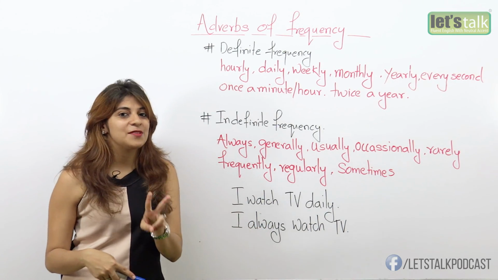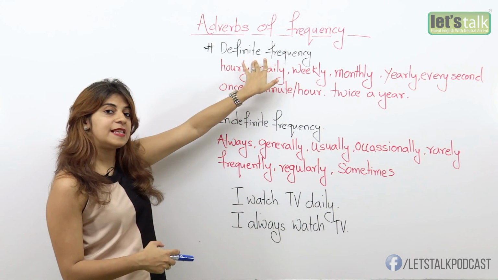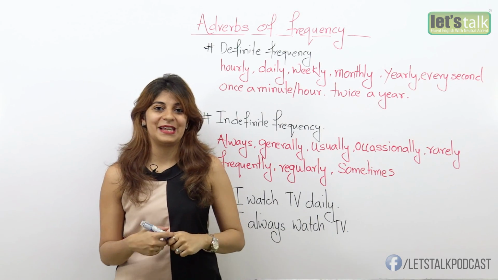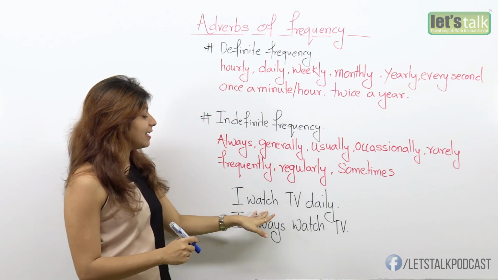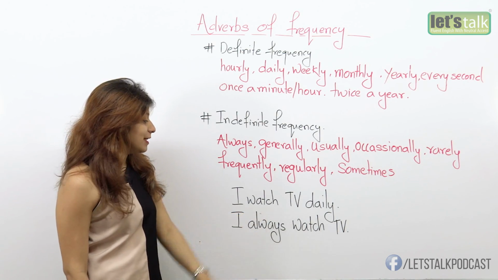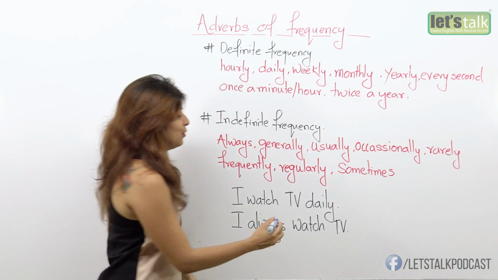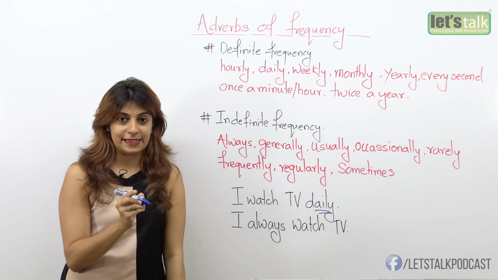The two types of adverbs of frequency are definite frequency and indefinite frequency. Now, what's the difference? If you look at the example here, I watch TV daily, the word daily is your adverb of frequency.